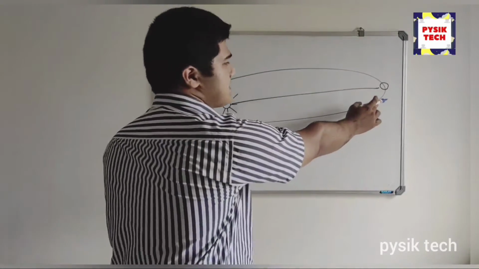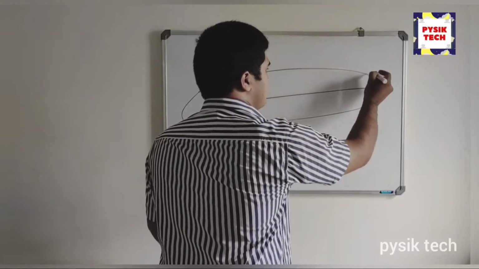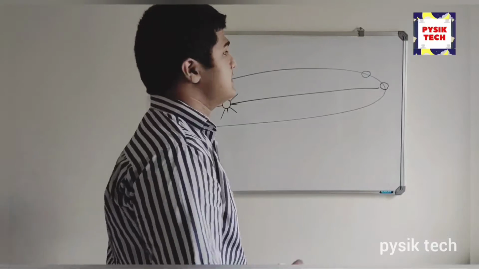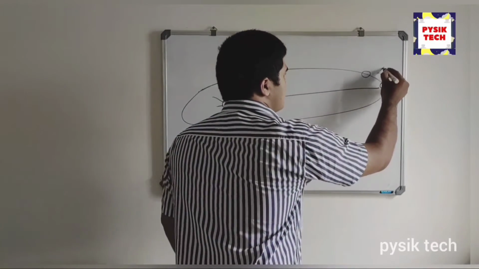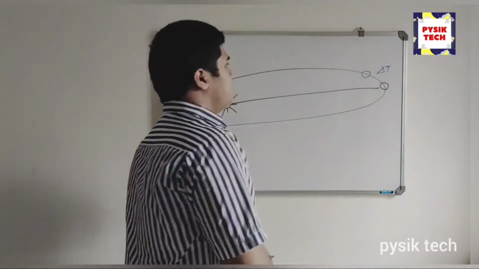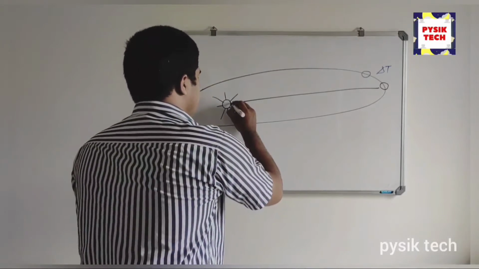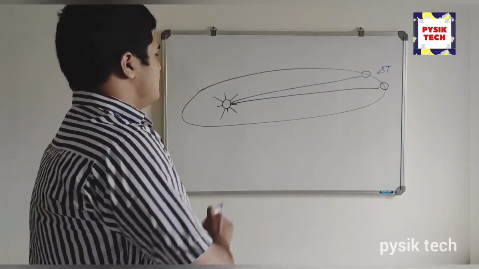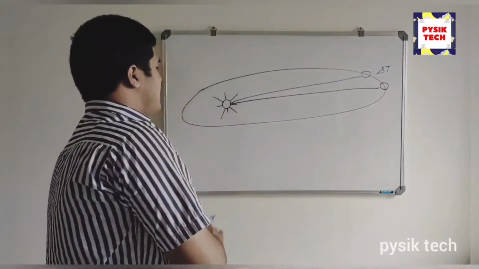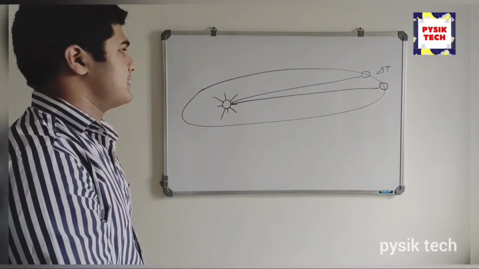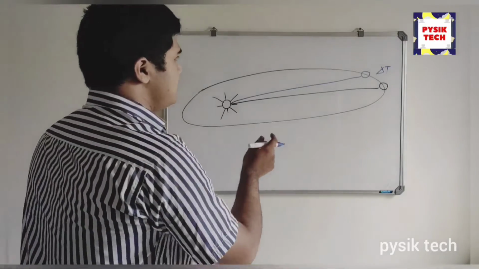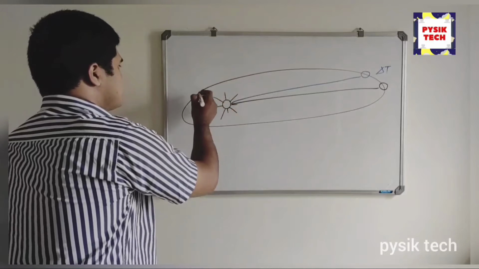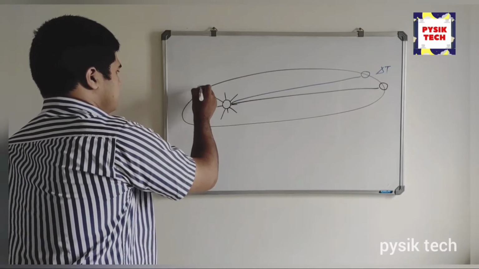If our planet moves here with a time period delta t, then this is the distance between the planet and the Sun. After that, our planet moves here.